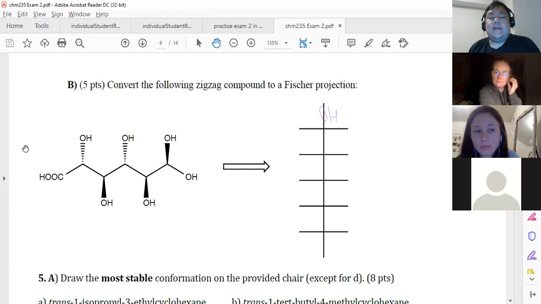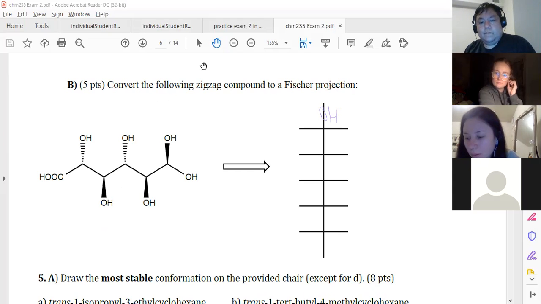So how many carbons do I have between my COOH and my OH? 5.